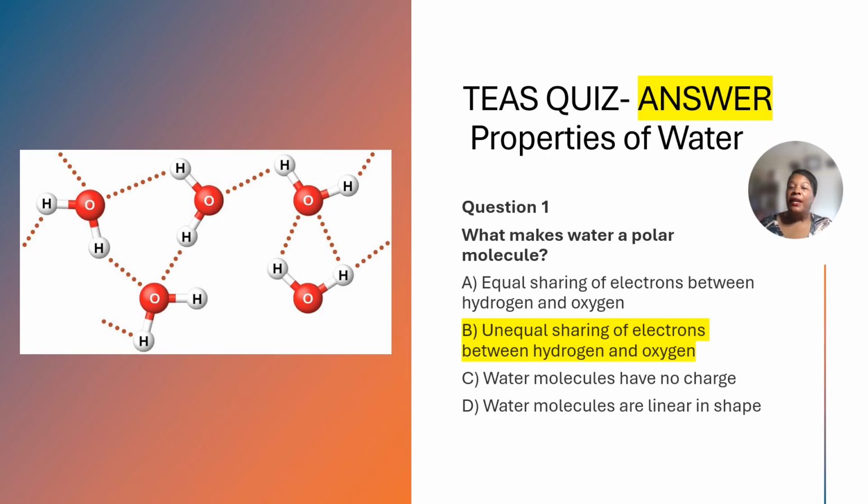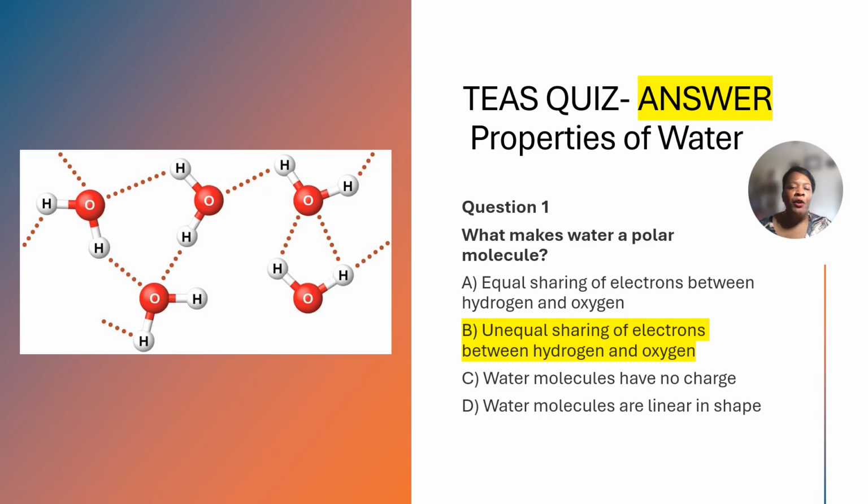The answer is B, unequal sharing of electrons between hydrogen and oxygen. Remember, oxygen and hydrogen have an unequal balancing of electrons. If you notice in the first couple of slides, hydrogen has a positive charge, oxygen has a negative charge. So there are unequally shared pairs of electrons.